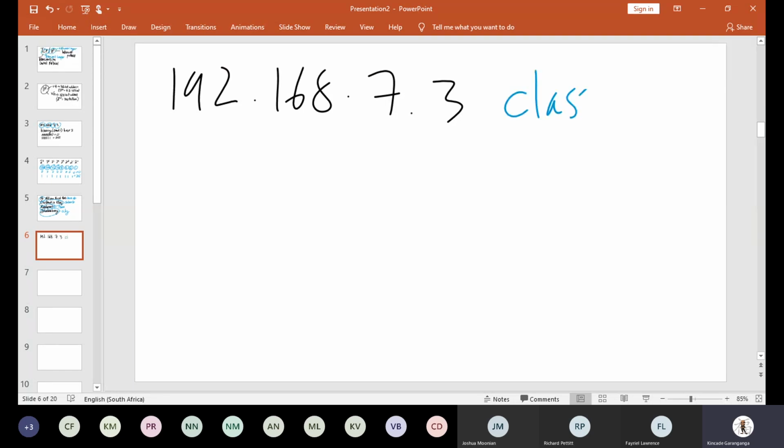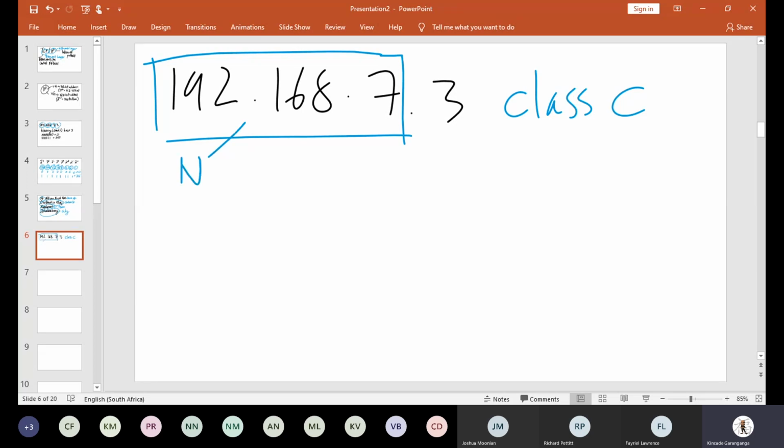As far as Class C is concerned, the first three portions represent the actual network, and the last portion represents the host. So the first three portions of that IP version 4 Class C address identify the network it's sitting in, and the last part identifies the direct machine, gadget, or device within your environment.